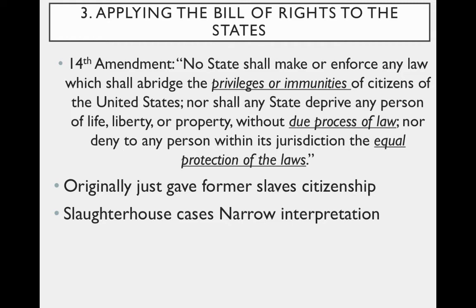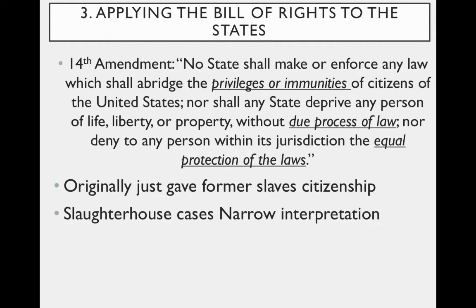The slaughterhouse cases, which you guys will read about, had a narrow interpretation initially of the 14th Amendment. They actually said that the Equal Protection Clause only applies to the federal government, and that goes with what I was just saying, how the interpretation has changed over time.